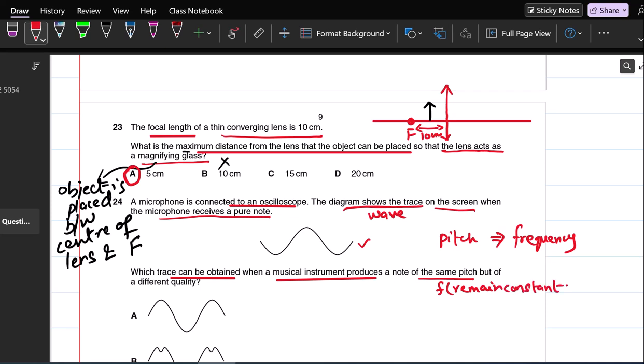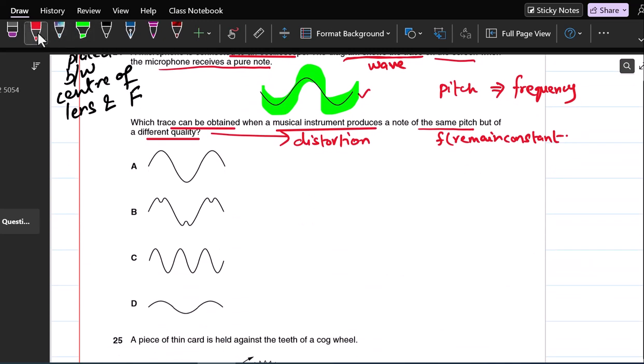But of different quality. Different quality means there might be some distortion, or the quality is not as smooth as this wave is. So in option A, this is similar to this, so no change in the quality. If there is a change in quality, there might be some distortion here. So same frequency, so the wave should be like this, having the same number of waves per second. So B seems good. It is having a distortion here.